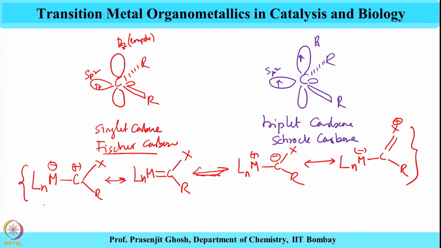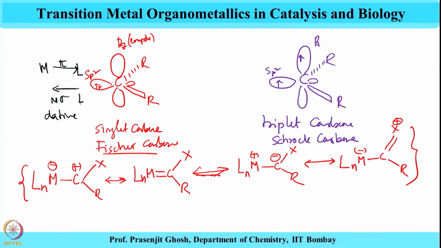So, what one can see is that singlet Fischer carbene can engage in two kinds of bonds. One is a ligand to metal sigma dative bond because of this lone pair being donated, as well as metal to ligand pi dative bonds, as shown over here.